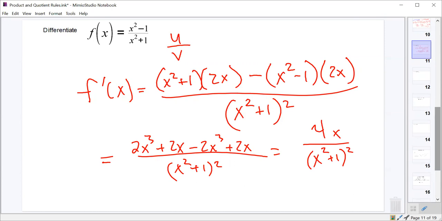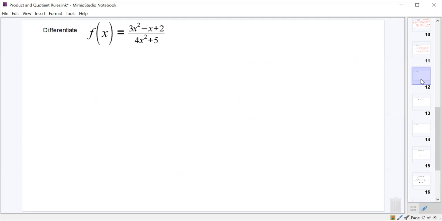All right, let's do one more of those. You guys want to do this one on your own? And then we'll check and see if you got the same thing that you should have gotten. All right, take a minute or two. Don't bother to simplify this one. So just use the quotient rule to see if you can get it set up properly.